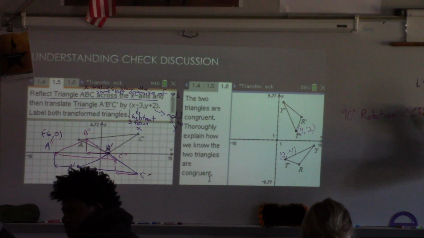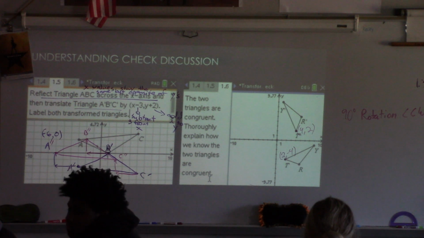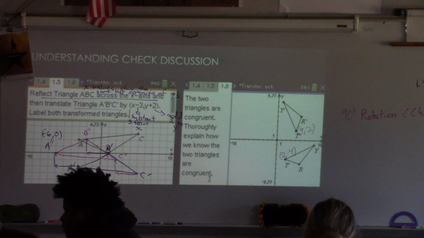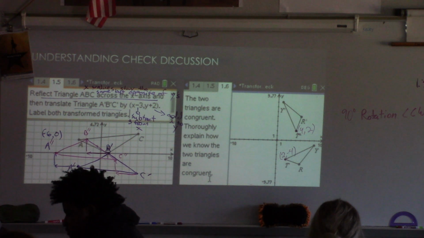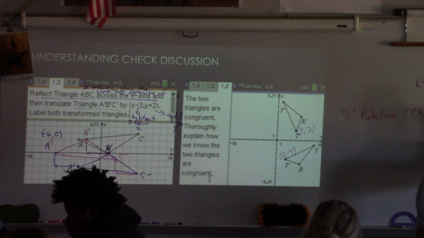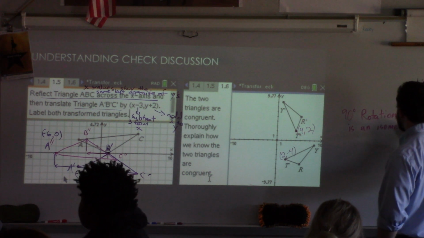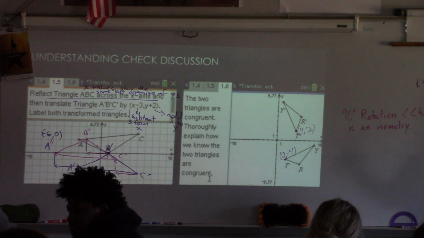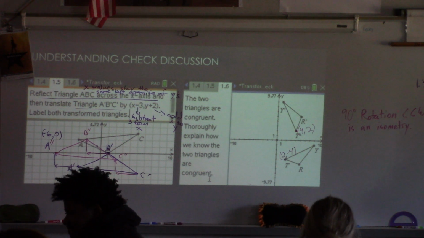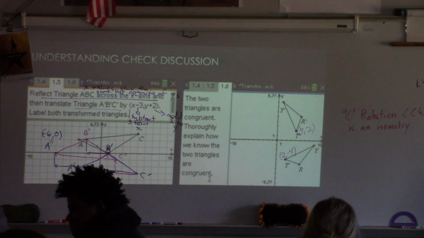counterclockwise, not clockwise. But why is that important? Some of us recognized that it was a rotation, but why is the fact that it's a rotation important for it being congruent? Because it's an isometry. That's important. What's another word you could have used instead of isometry? Started with an R. Rigid transformation.